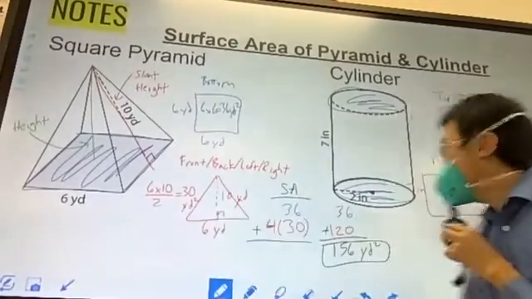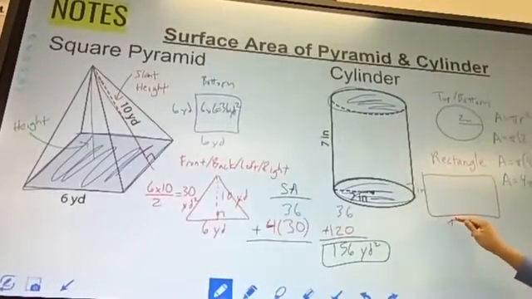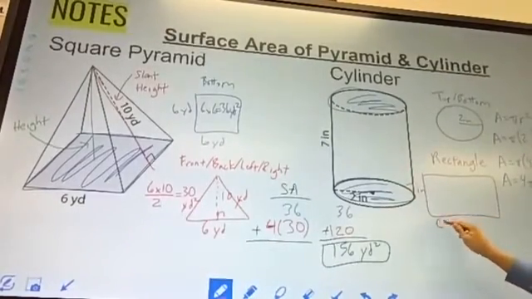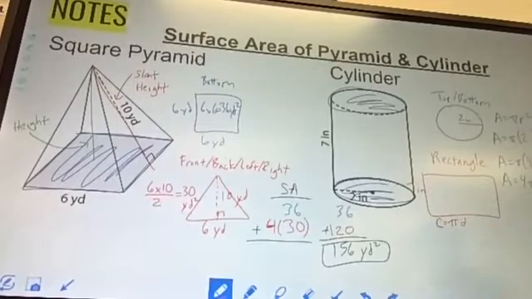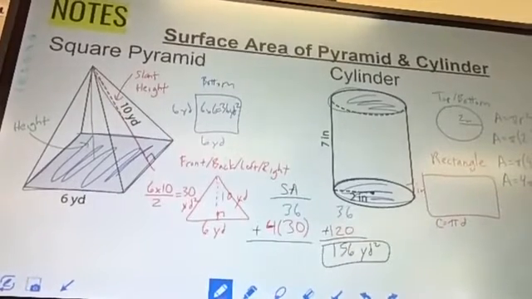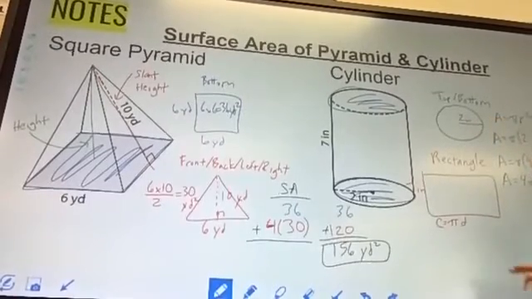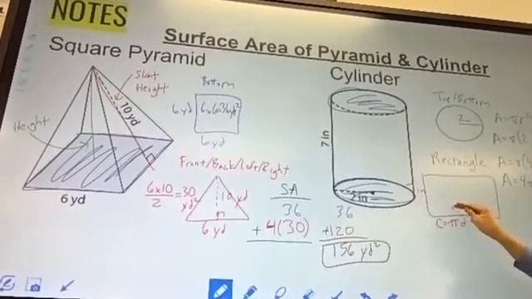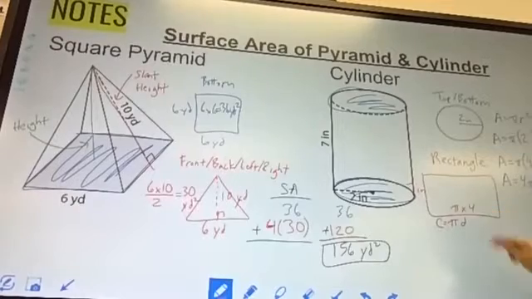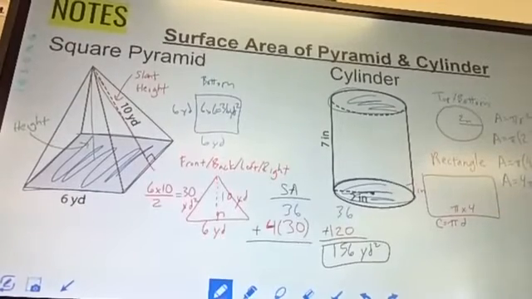So I'm gonna write that down. Circumference equals pi times diameter. And what's our diameter? 4, yeah, double the radius, right? So circumference equals pi times 4, which gives us 4 pi.